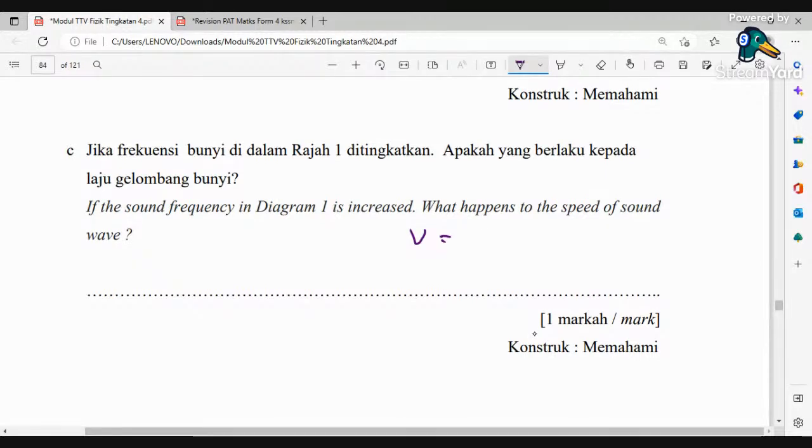V equals to f lambda. Okay, does the speed will be affected by frequency?